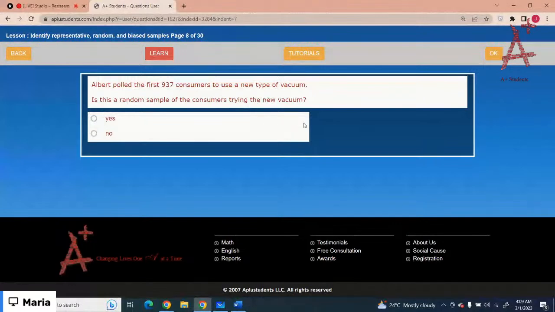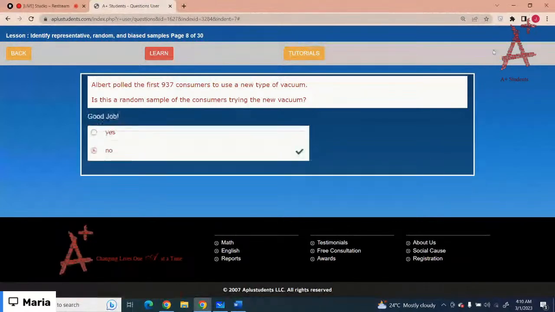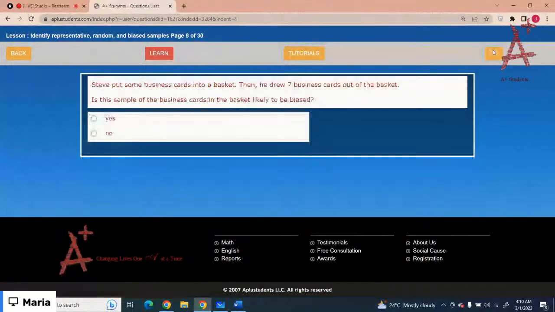Is this a random sample of the consumers trying the new vacuum? No, this is not the random one. He selected the first 937 out of all the consumers. A random one is where he can pick any out of all. So this is not random. This one is the biased one.